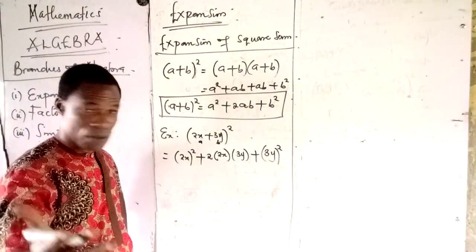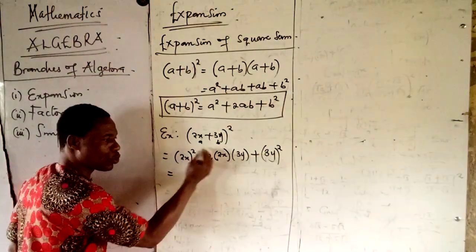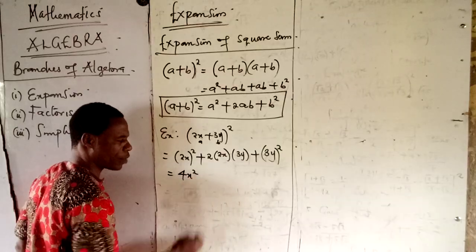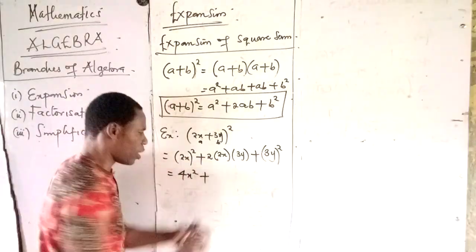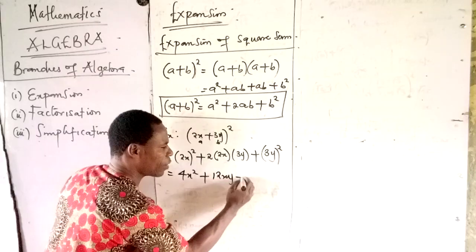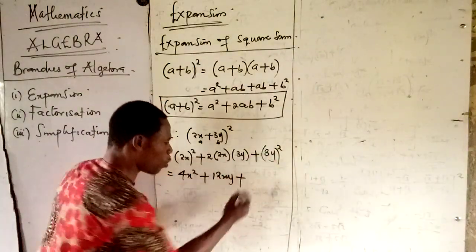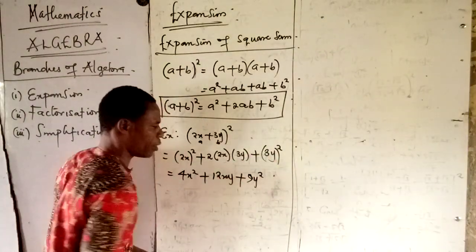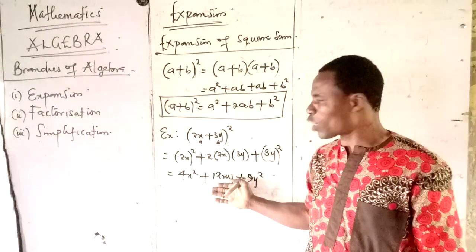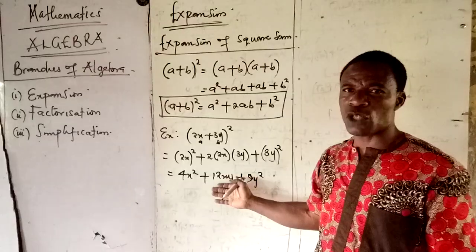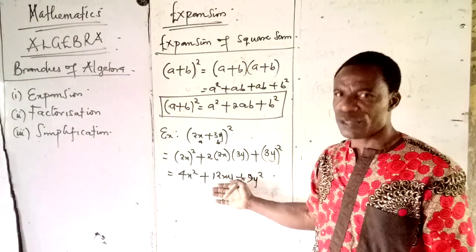Are you getting it now? So at the end of the day, 2x squared is 4x squared. Plus 2 times 2 times 3 is 12, 12xy. Plus 3 squared makes 9y squared. Can you see now? We have expanded. So this is expansion of square sum.